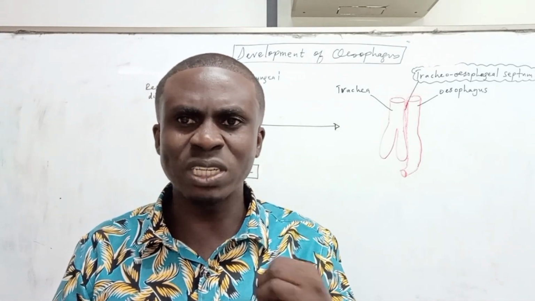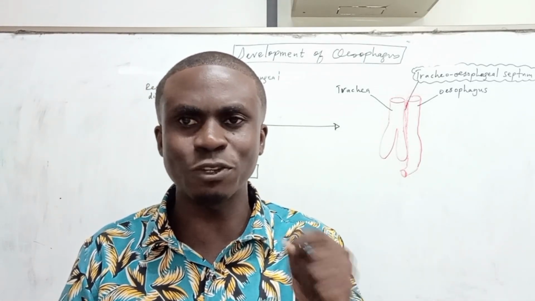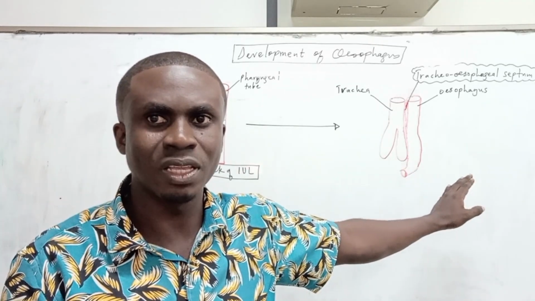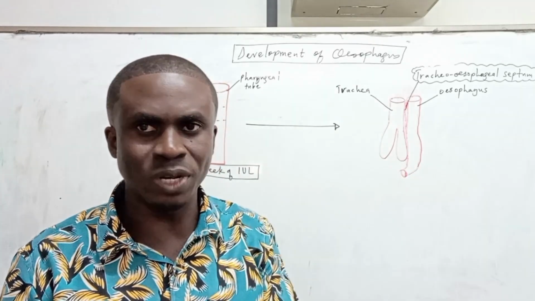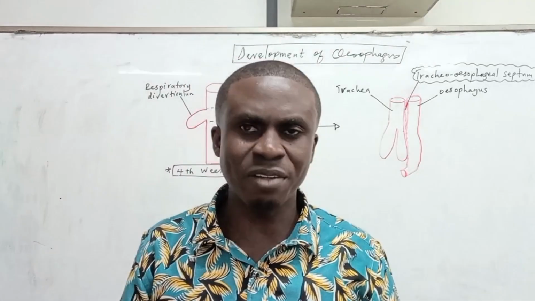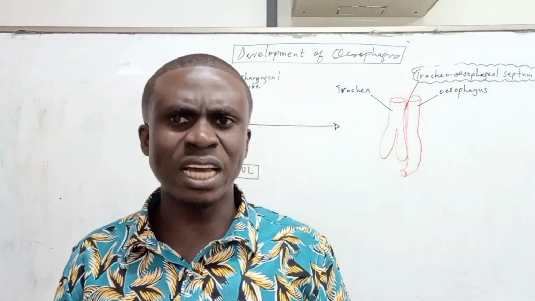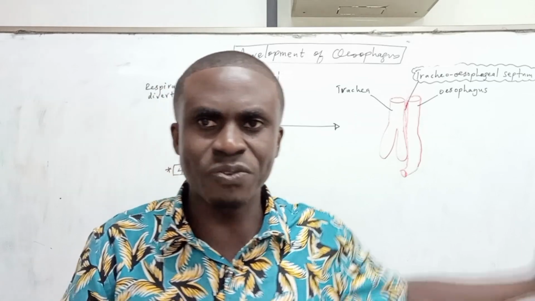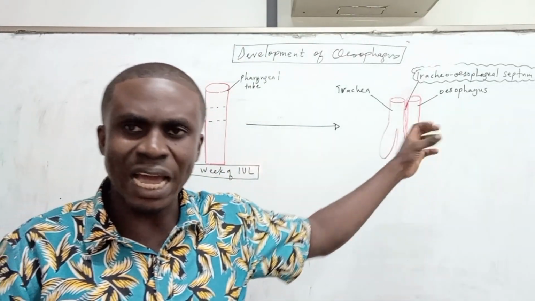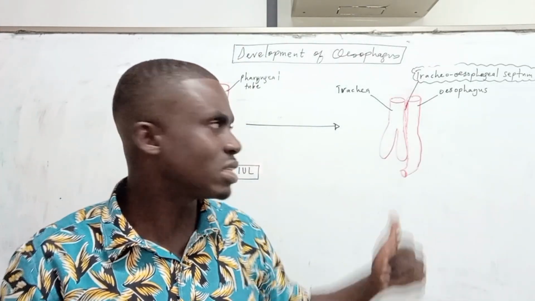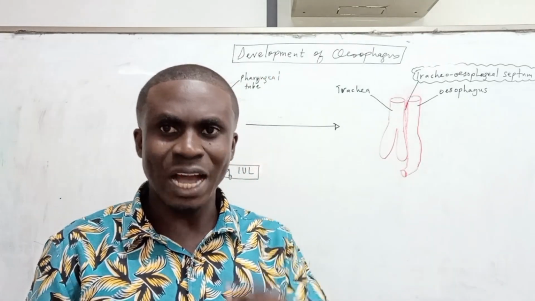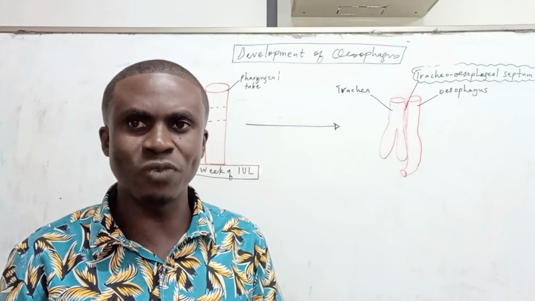It's one of the congenital anomalies associated with the development of the oesophagus. If you have about 3,000 up to about 4,500 live births, you may have one individual suffering from some of these congenital anomalies of the oesophagus. I will tell you about that anomaly as we move along.